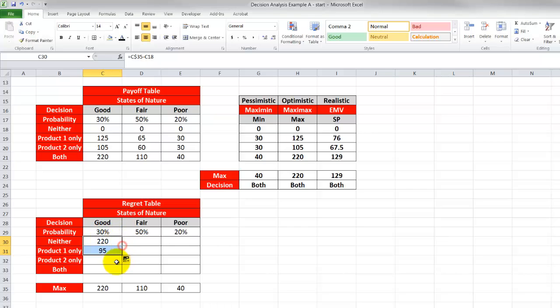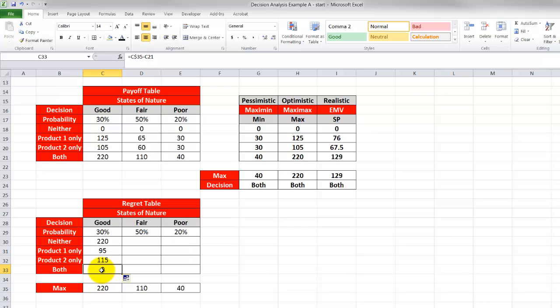What about the next one? I have a product one only decision that would have yielded me $125,000, but looking back in hindsight, I could have made 220. So the regret here is 220 minus 125. Let's calculate the rest. I have a regret here of 115, so 220 minus 105, and then I have a regret of 0.